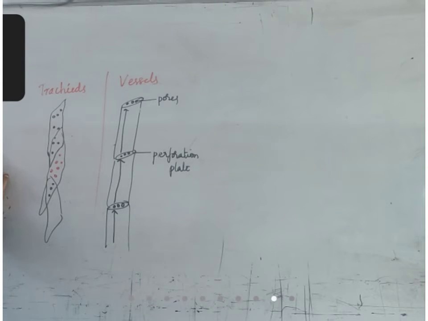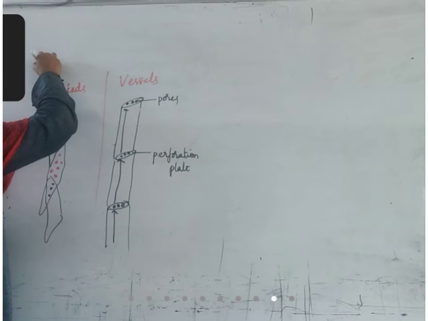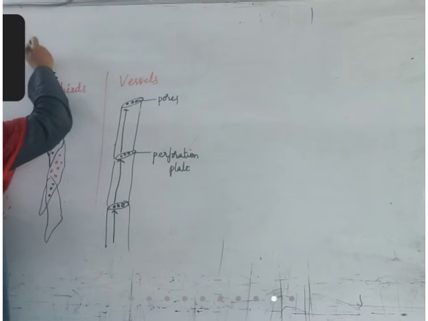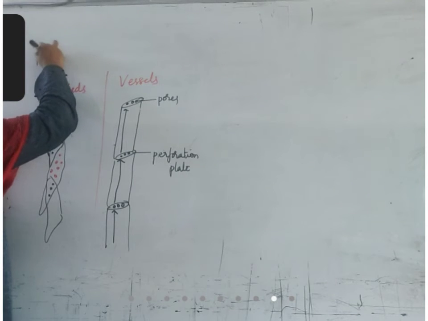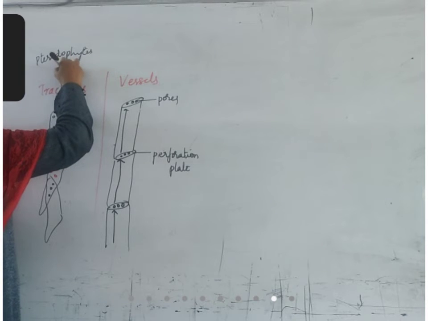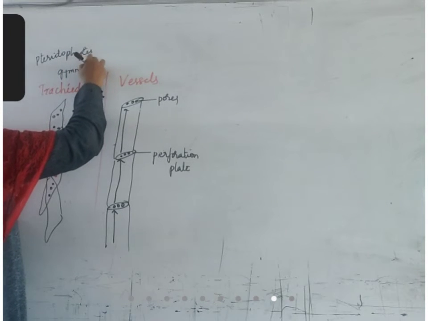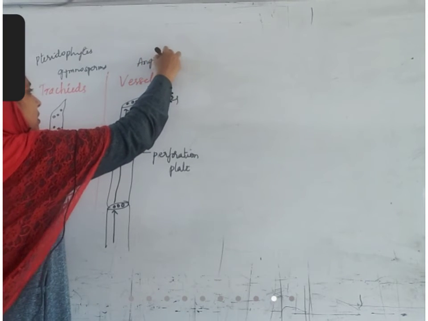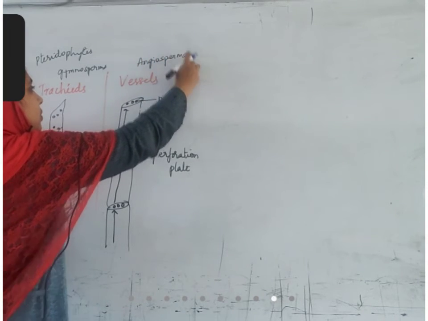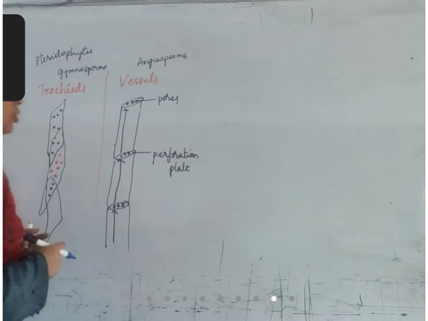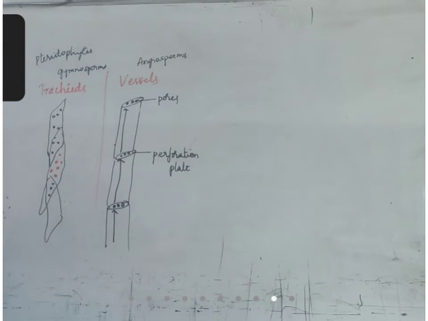Second thing is they are present in gymnosperms and pteridophytes. Pteridophytes and gymnosperms. These are present in angiosperms. So this topic is completed in bridge course itself. What is pteridophytes, what is gymnosperms, angiosperms, we have discussed.